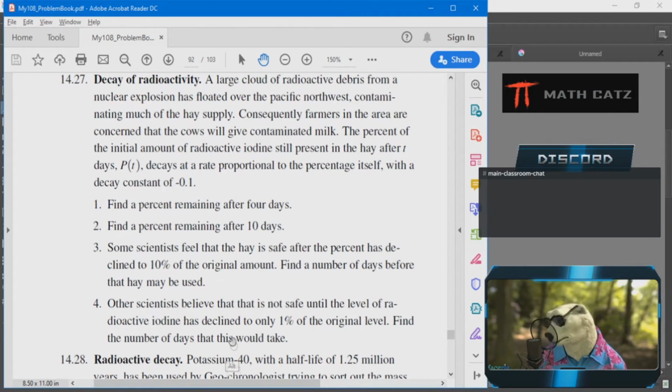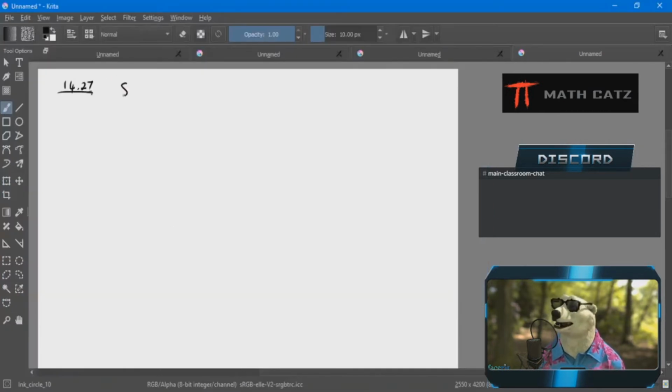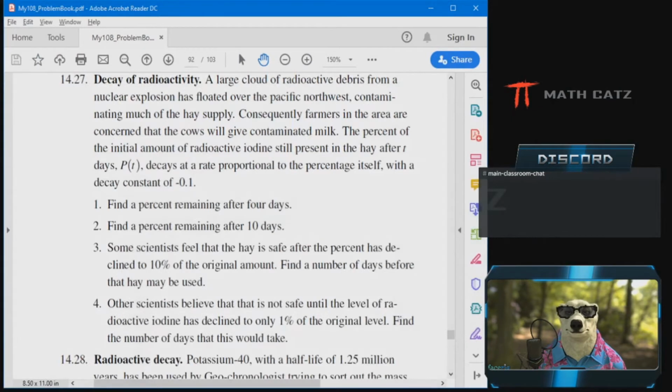All right. So that allows me to set up my differential equation as a translation of that information. My initial percentage, do they tell me that? I don't think they do at all, do they? Let me just triple check here.